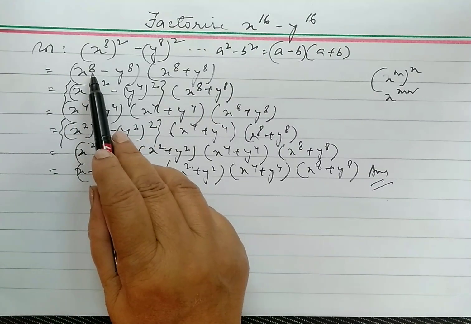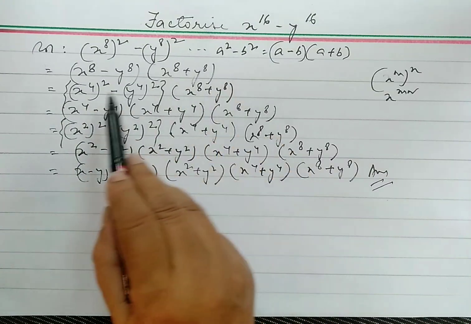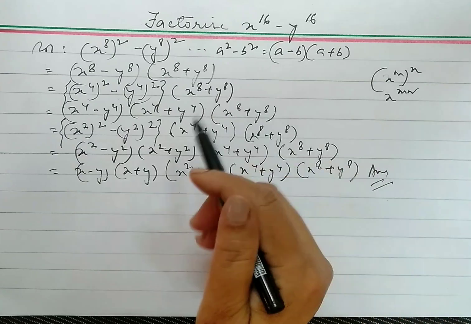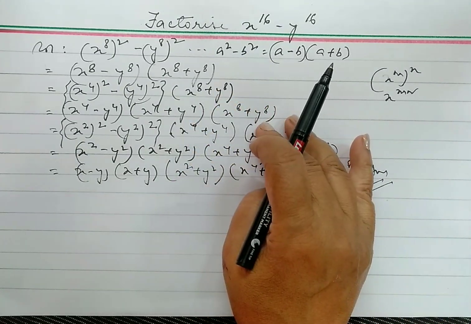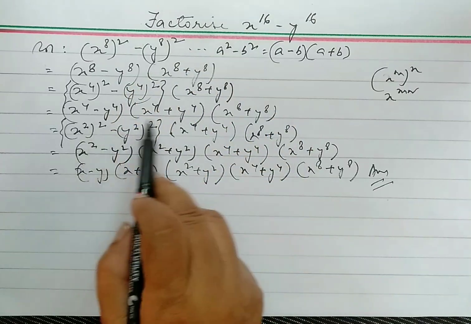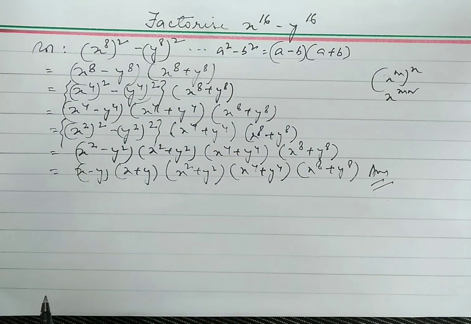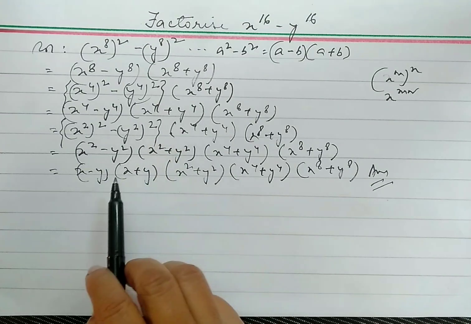Therefore we change this form into a squared minus b squared. This is our a and this is our b, and this remains fixed, so we bring it down. This gets broken up into two parts, x to the power 4 minus y to the power 4 and x to the power 4 plus y to the power 4. Why so?